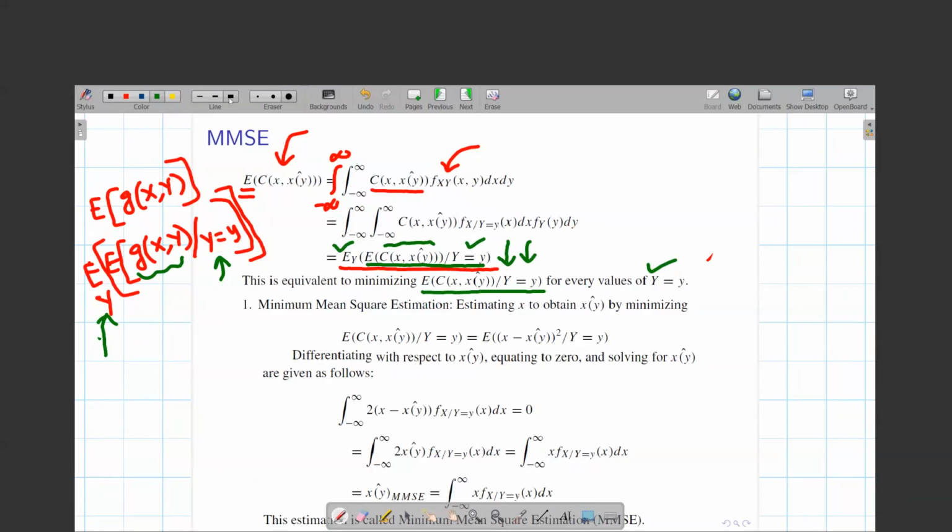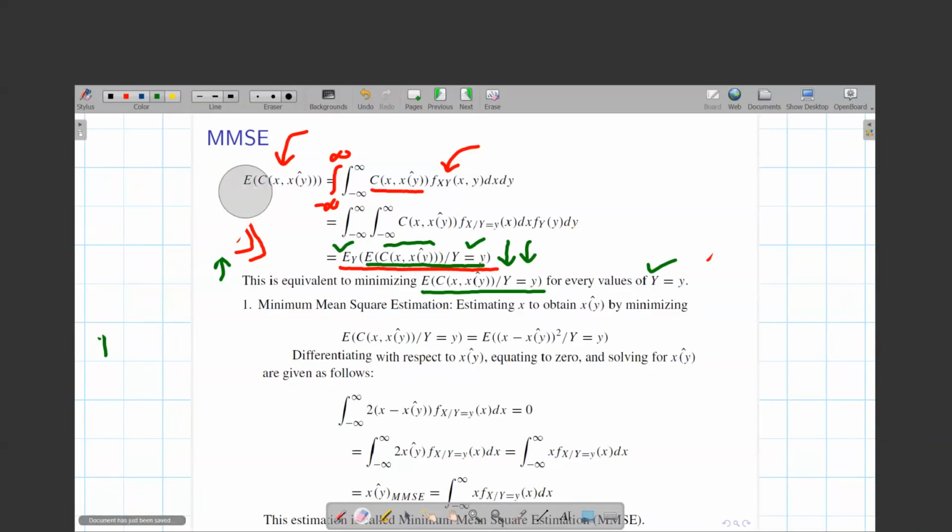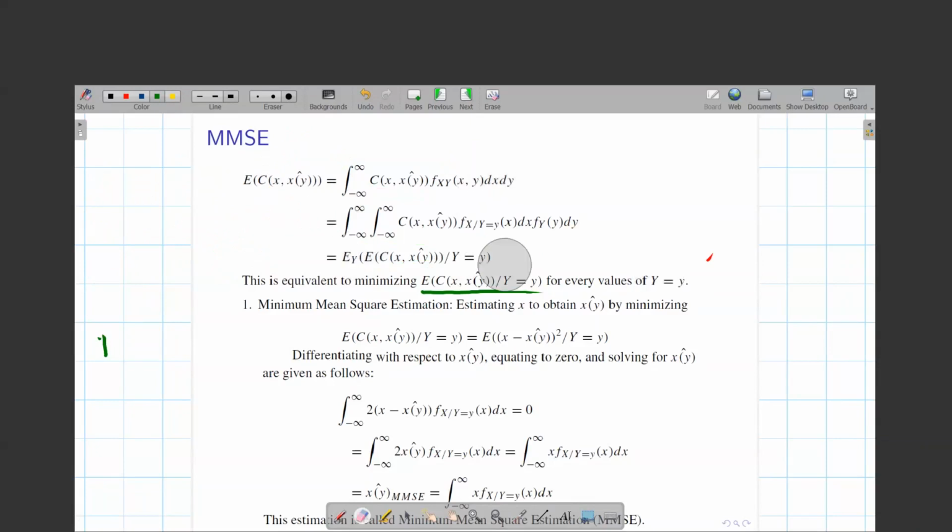That is the task now. We have narrowed down the problem statement. Even though we started with minimizing the whole expression, now it is only this inner part.